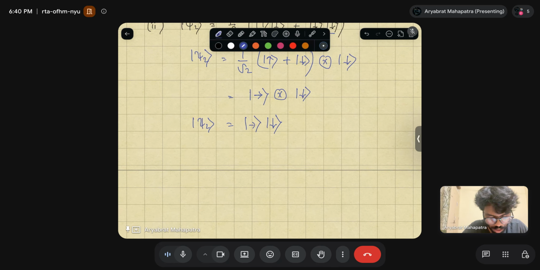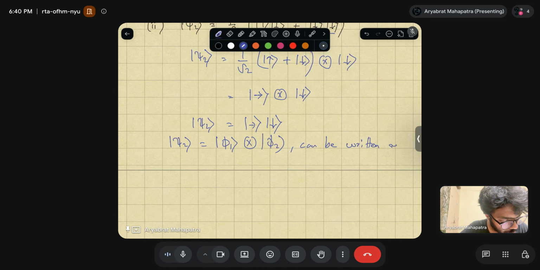Now you can say that your psi 2 can be written as some product state phi 1 and phi 2.